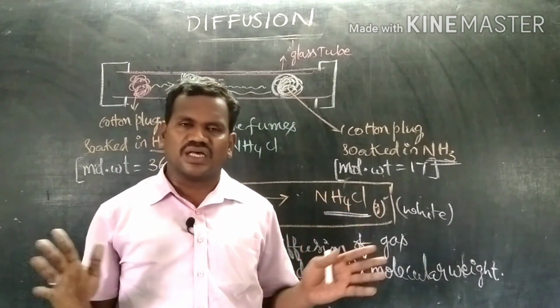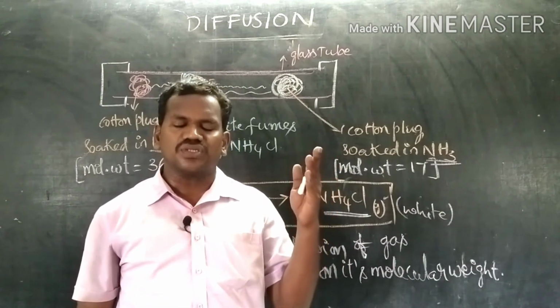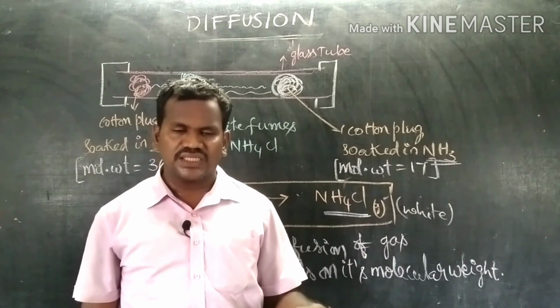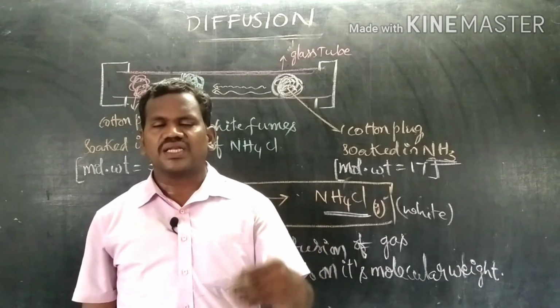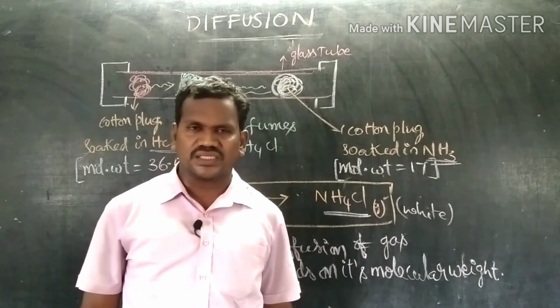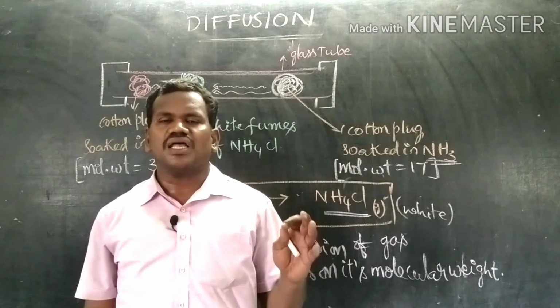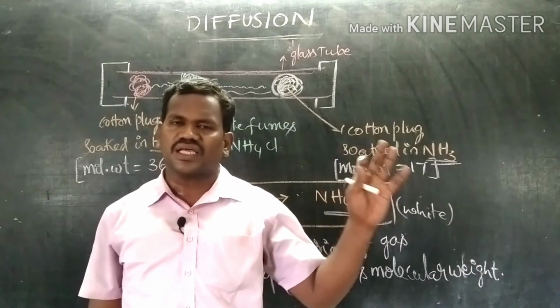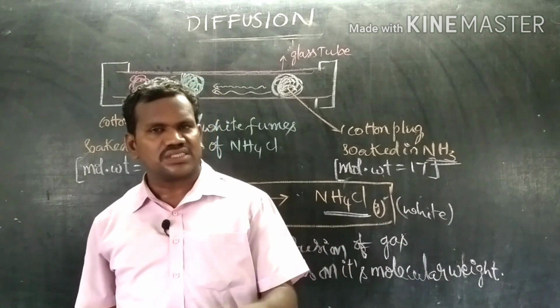as well as molecular weight. See, the rate of diffusion of solids is very less when compared to the rate of diffusion of liquids, which is less when compared to the rate of diffusion of gases, because of intermolecular distance. Intermolecular distance is very large in the case of gases, so the inter-attraction forces are less.